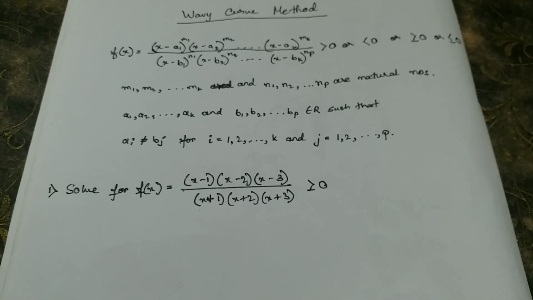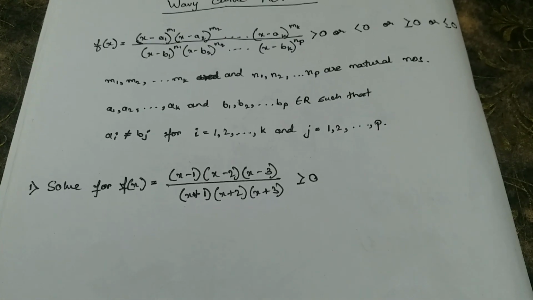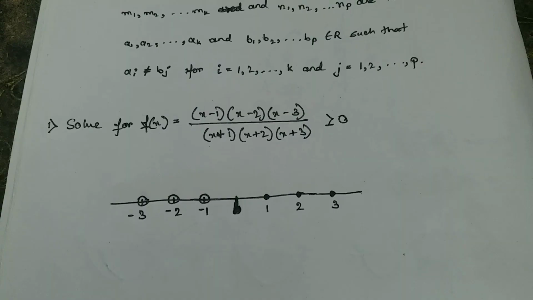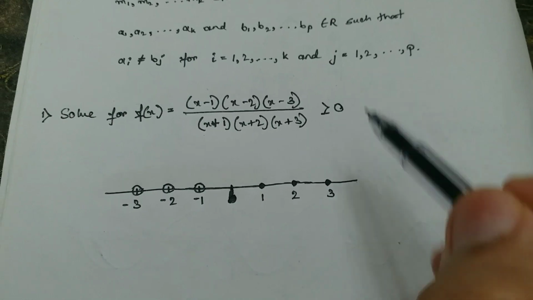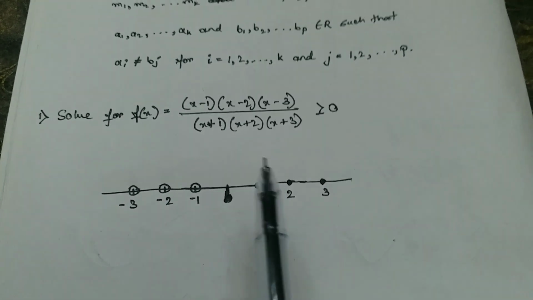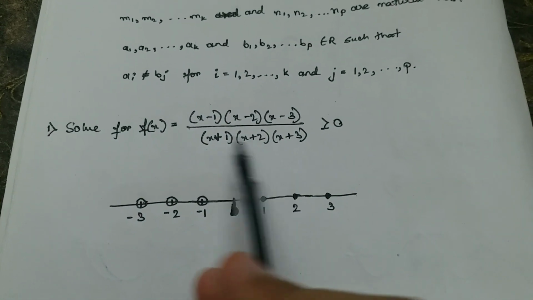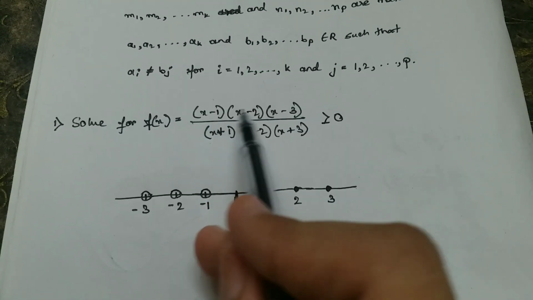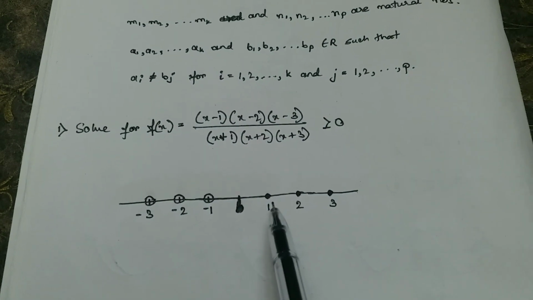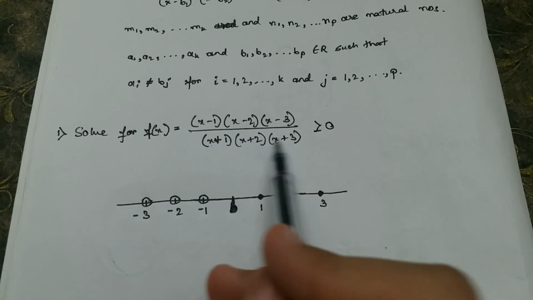So now let's see what the Wavy Curve method uses. Just see what we do. We have taken a number line and now we plot all the zeros of the numerator as well as of the denominator. Now see, at which points will the numerator become 0? 1, 2 and 3. So we have plotted those 3 points, and the denominator will become 0 at -1, -2, -3.